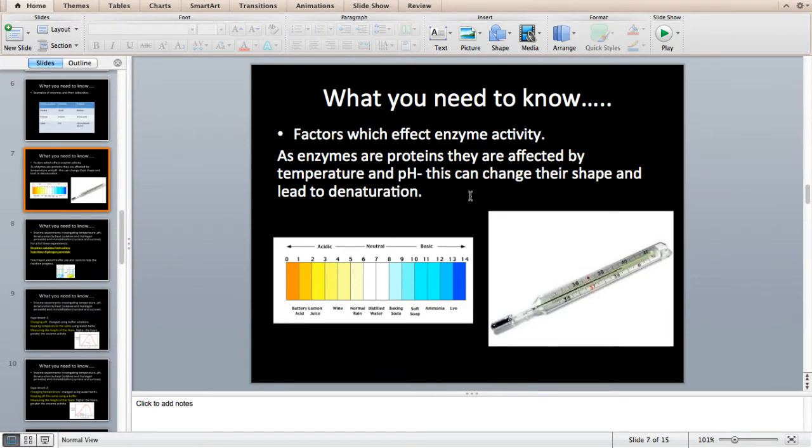Now, things that affect enzyme activity, we've already talked about this. So any extremes of pH, so very acidic pH, or very basic or alkali pH, okay, and extremes in temperature as well. Now, there are some exceptions to the rule. So, for example, protease, which works in your stomach, pepsin, that is actually designed to work in a really low pH medium, because your stomach also produces acid.